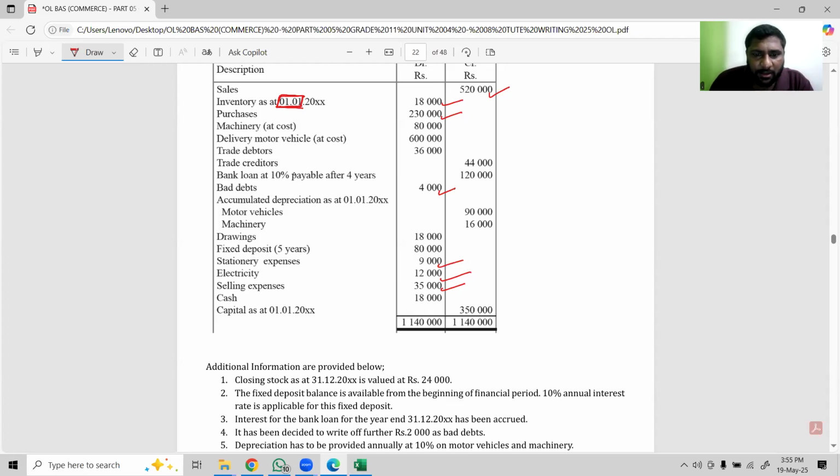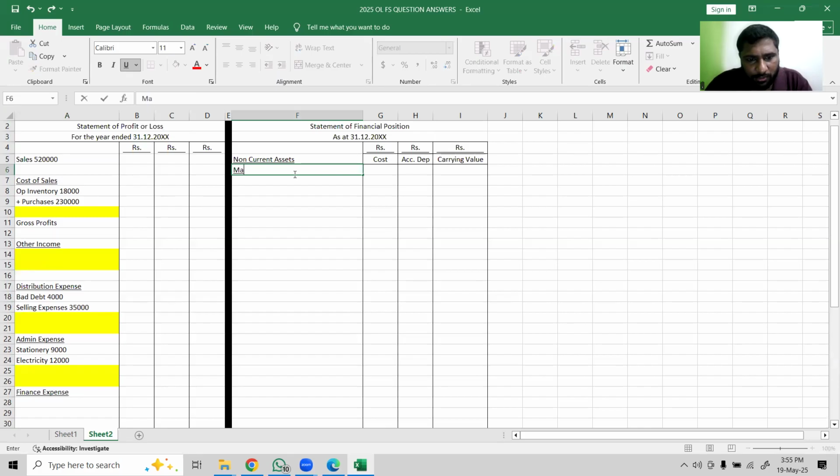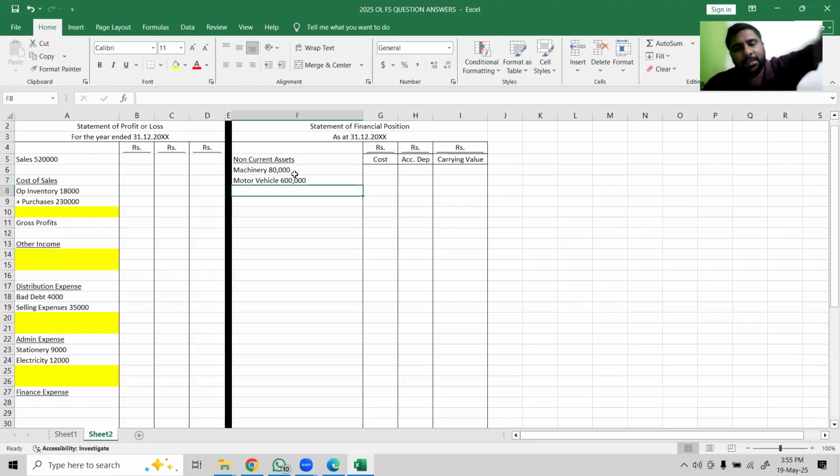One is machinery and motor vehicle. Machinery, 80,000. Motor vehicle, 600,000.